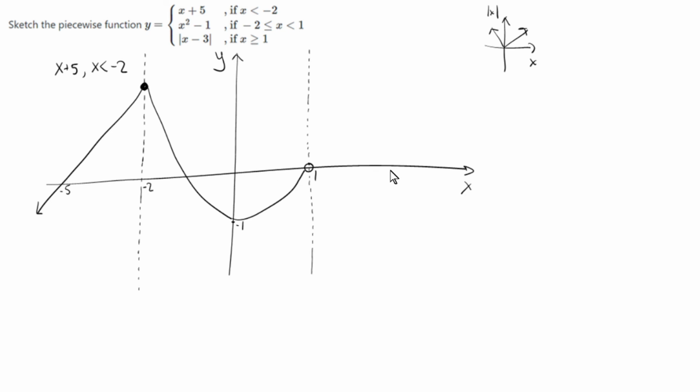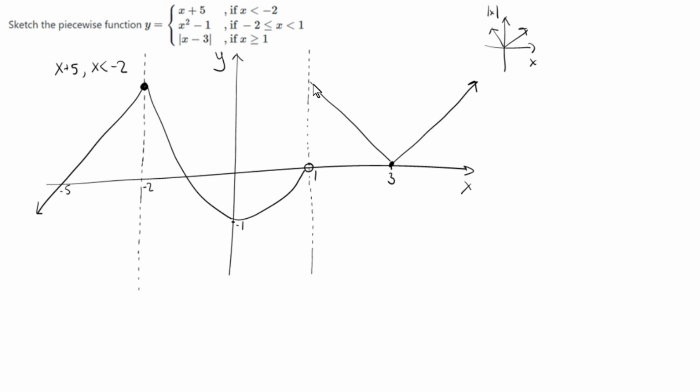So it's going to touch the x-axis at x equals 3. And then it's going to go up like this, down to x equals 1, and then up like that.